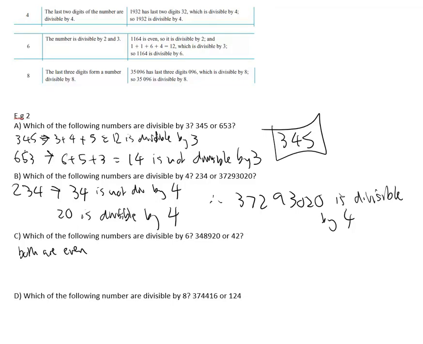So for the first one, it's going to be 3 plus 4 plus 8 plus 9 plus 2 plus 0, which is going to be 7, 15, 24, 26. Okay, is 26 divisible by 3? No, 27 is, but 26 is not, so it is not divisible by 3.